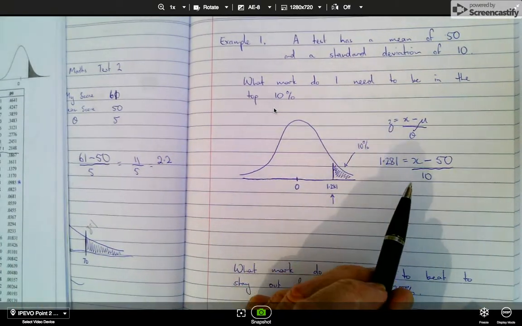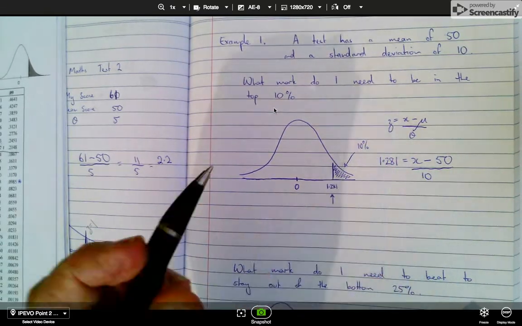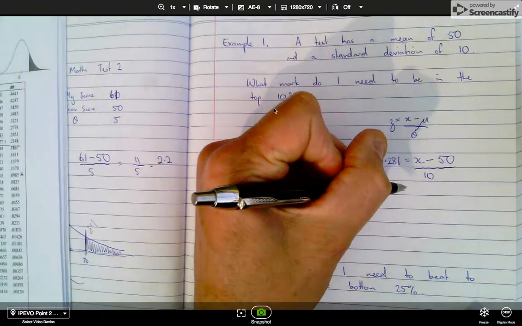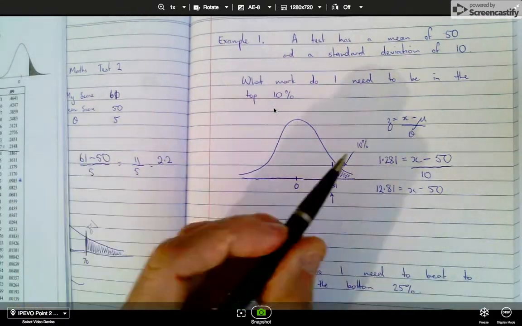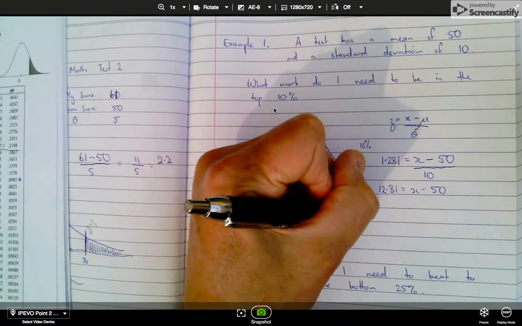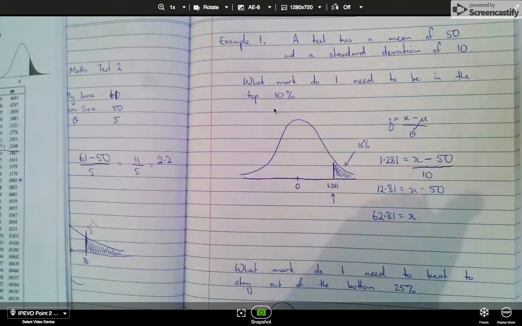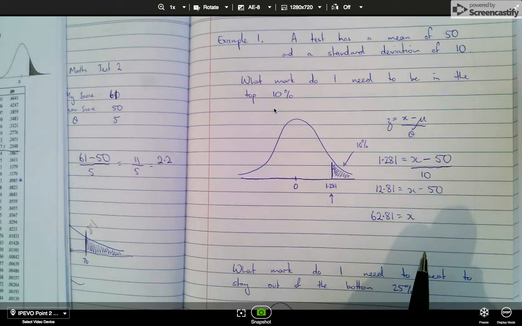And then we've got to use a little bit of equations to figure out how to get back. So we times by 10 to get 12.81 equals x minus 50. And then bring the 50 over. Instead of minusing 50, we can add 50 to get 62.81 equals x. So to get a score above 62.81 will put us in the top 10%.